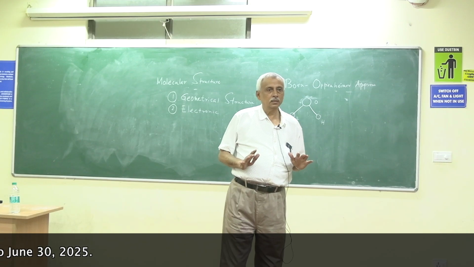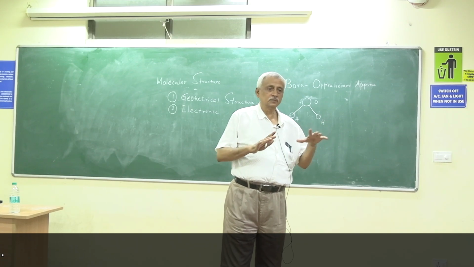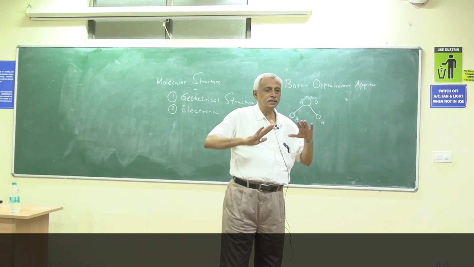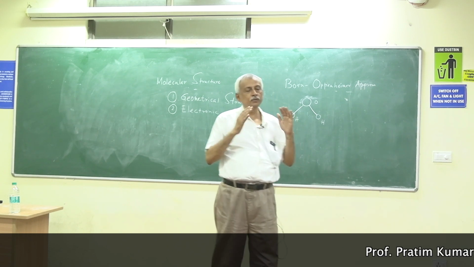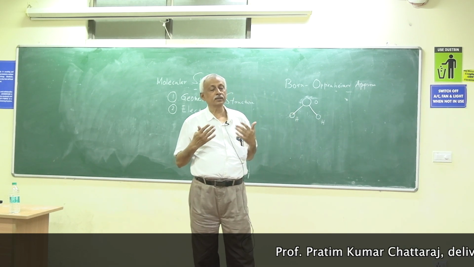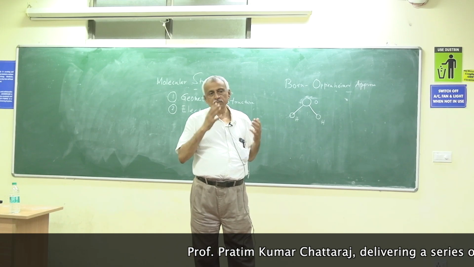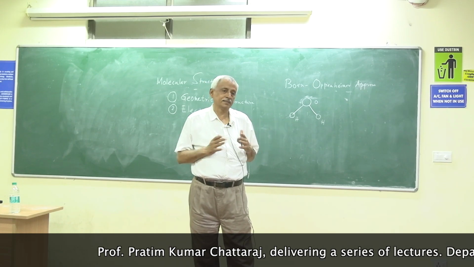Most of the time the molecules will try to go back to that particular situation. That is what we call the equilibrium geometry. Why equilibrium? Because there is no force acting on the system.